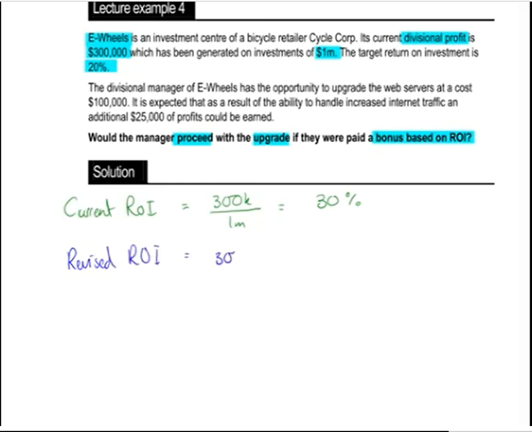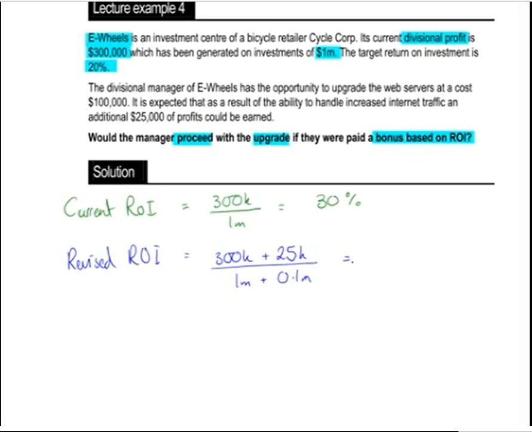Well, we still have the original 300,000 of profit. On top of that, we've got 25,000 of profit resulting from this upgrade. We've got the 1 million we already had invested, but we'll have to invest an extra 0.1 million or 100,000 in order to finance our new investment.